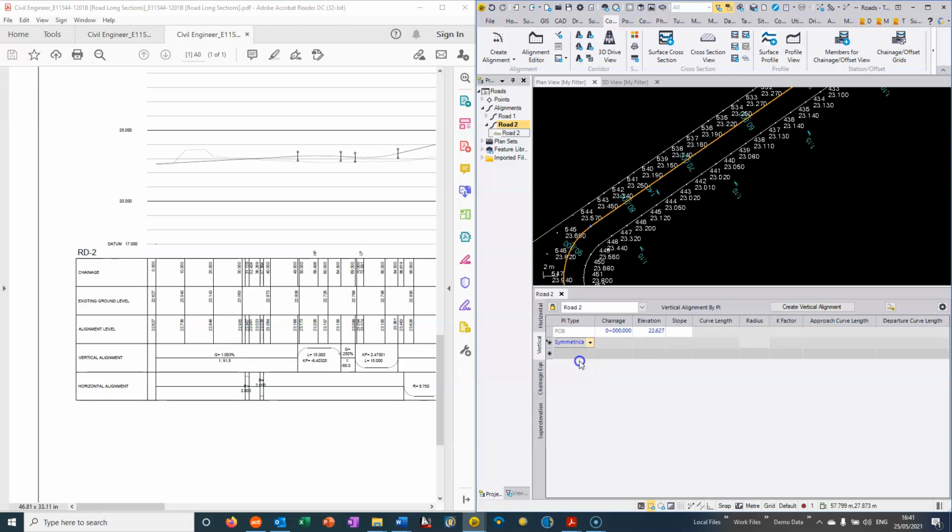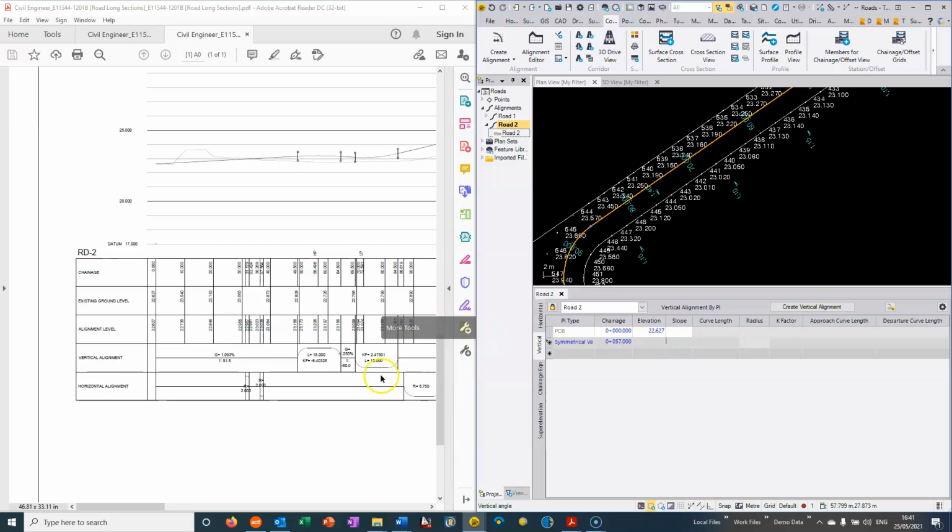We can then put in our first symmetrical curve, and we're giving it basically a chainage of the midpoint of the parabola. So here we're given a chainage of 49.5. The curve length is 15, so half of that is 7.5, plus this gives us a chainage of 57 for the center of that symmetrical parabola.